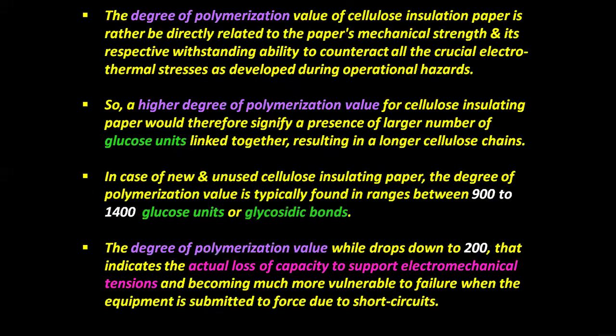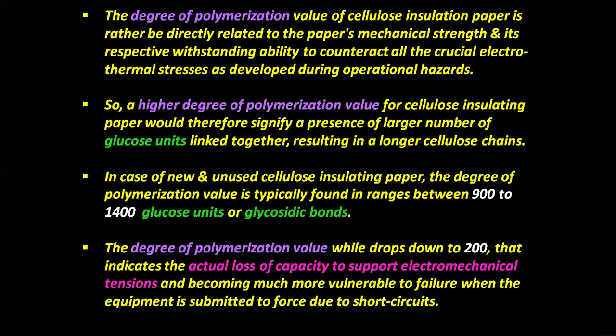The degree of polymerization value of cellulose insulation paper is directly related to the paper's mechanical strength and its ability to withstand all the crucial electrothermal stresses developed during operational hazards.